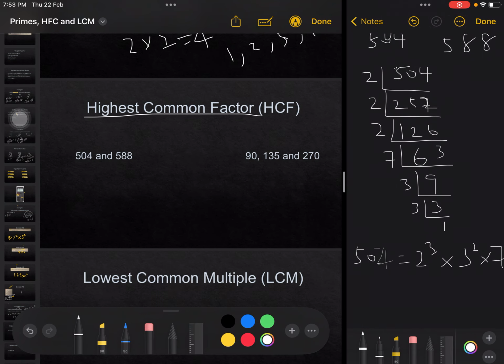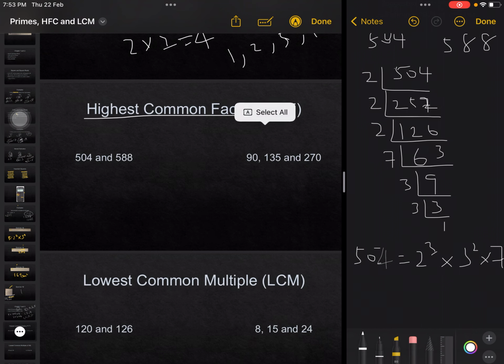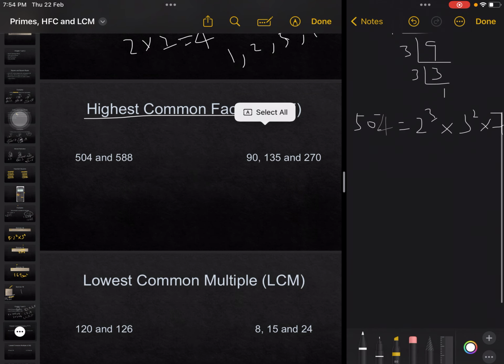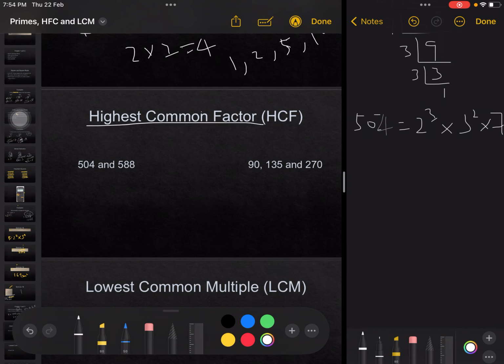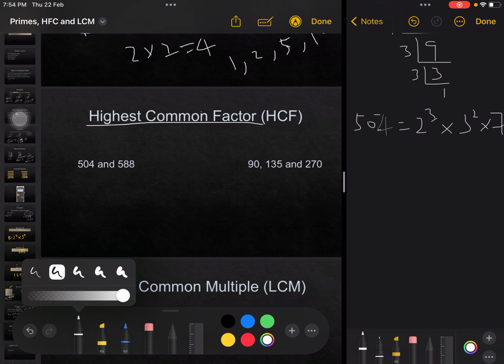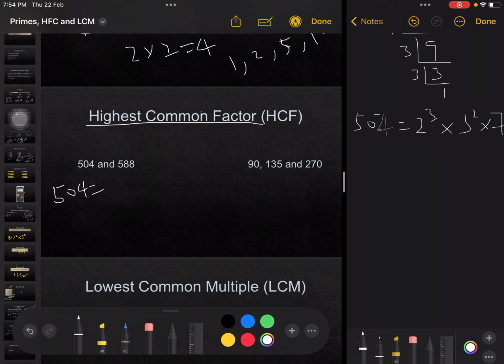You just write it over here. 504 equals 2 to the power 3 times 3 to the power 2 times 7.